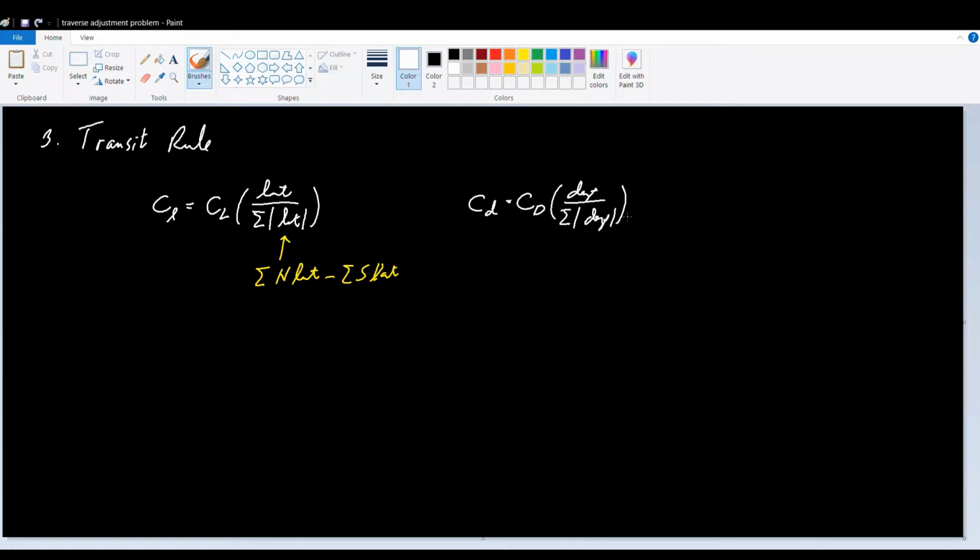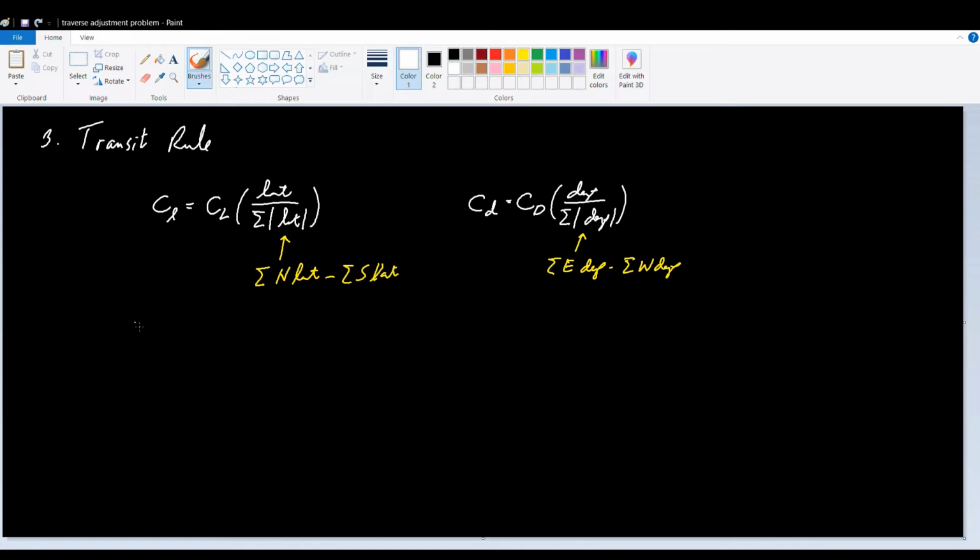Same thing as the first one, the denominator, the sum of the absolute values of the departures, is equal to the sum of the east departures minus the sum of the west departures, knowing that west departures are negatively signed. So subtracting a negative is equivalent to getting the sum of the absolute values of the departures.